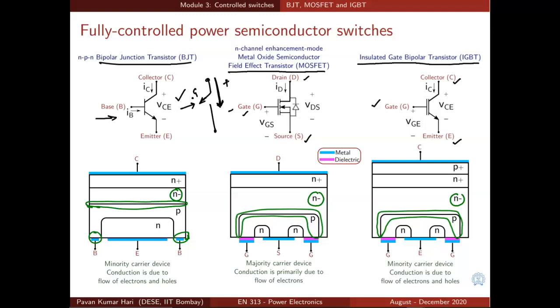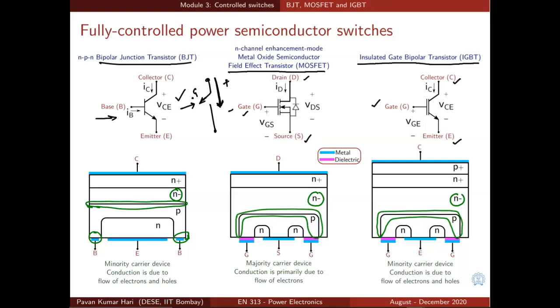We have a block of semiconductor and we need to package it and bring out the terminals so that it can be connected to the external circuit. So in the case of BJT, all the terminals, the power terminals and the control terminal, are connected to the semiconductor device through metallic contacts. This blue color is metallic contact.